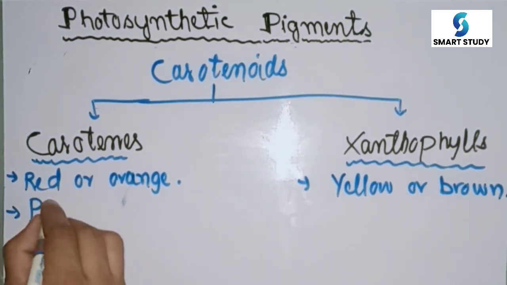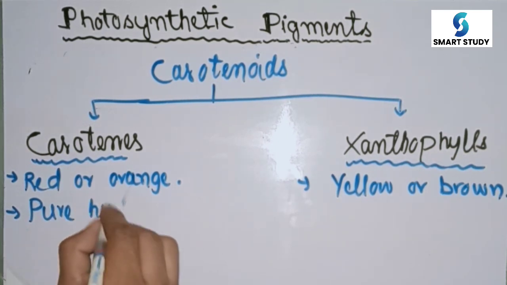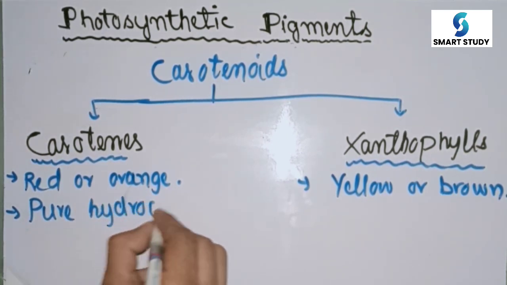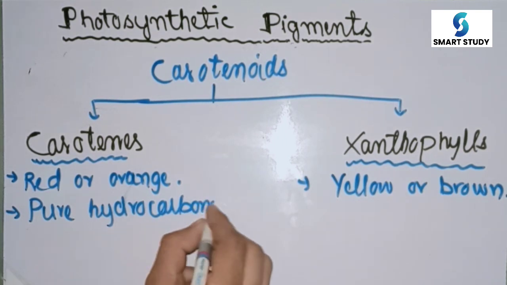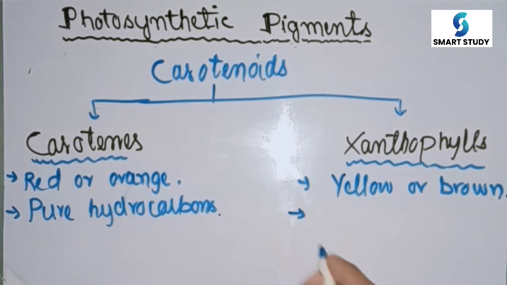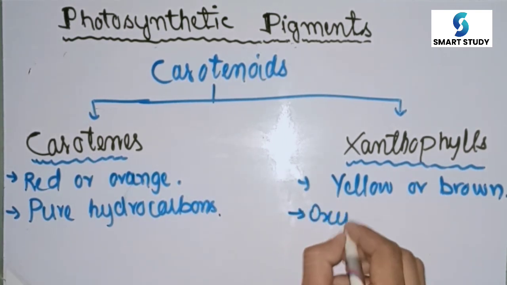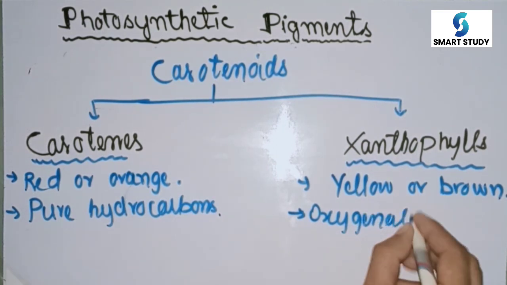Carotenes are pure hydrocarbons, whereas xanthophylls are oxygenated hydrocarbons.